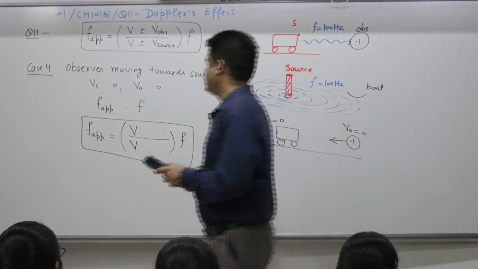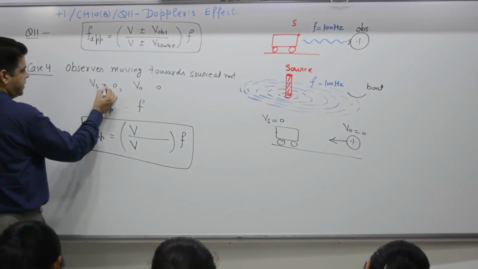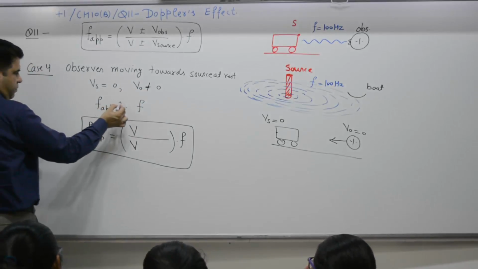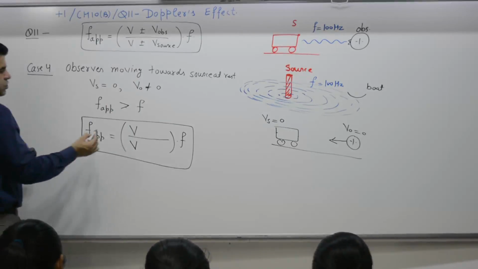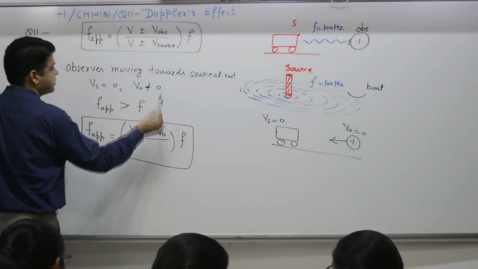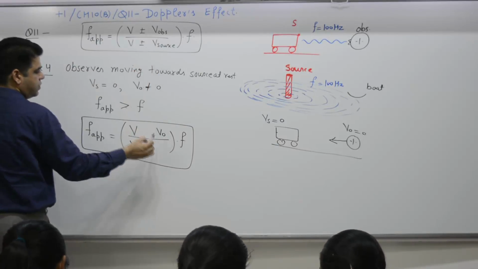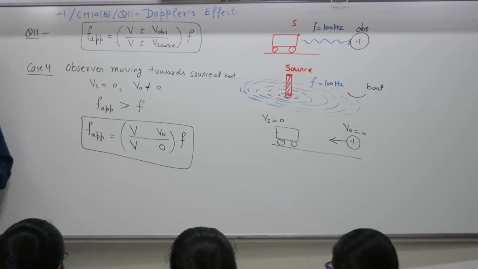So F dash or F apparent will come out to what? More. First of all, source speed is 0, observer speed is not 0. F apparent will be what? More than frequency. Observer speed is not 0. Source speed is 0. What about the sign now?